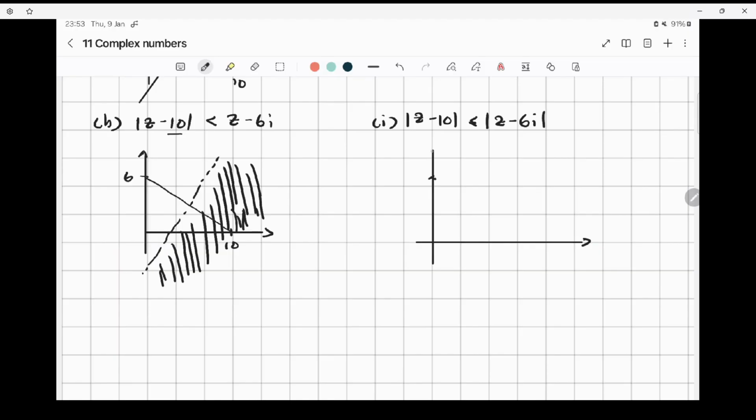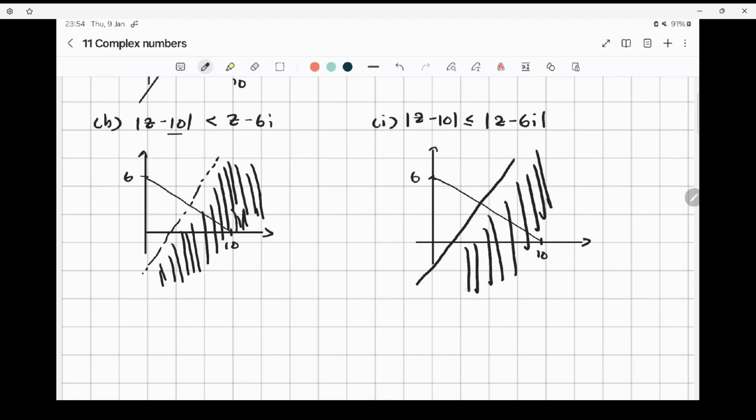So this is 6i, this is 10, draw a line, and now because there is an equal sign, you can draw a solid line and then shade it. So those are all the different examples that you can illustrate for the locus.